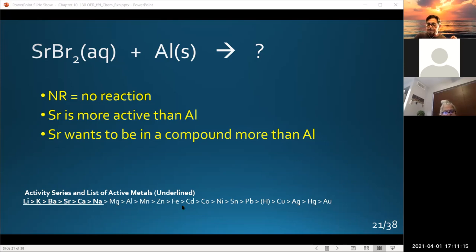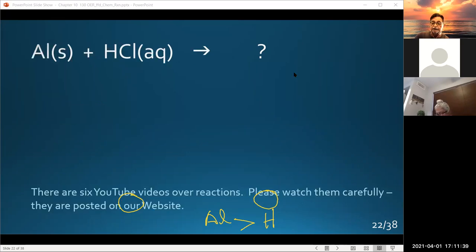It's in parentheses. So what does that say? Aluminum is a lot more reactive than hydrogen. You all see that? Aluminum is right there, and there's hydrogen. And so aluminum is a lot more reactive than hydrogen based on the activity series.